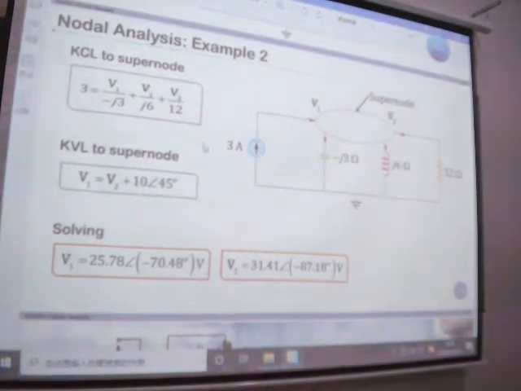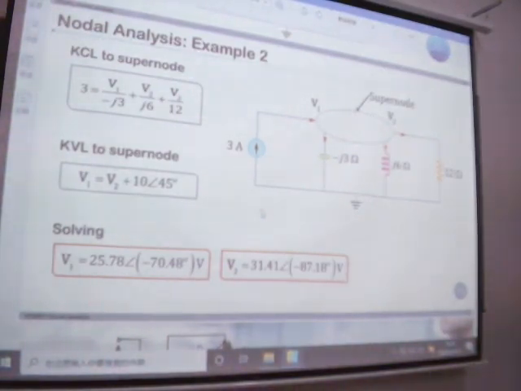So we get this. We have two variables but one equation, so we still need to get some more equations.